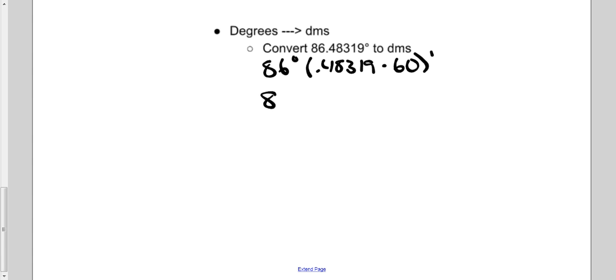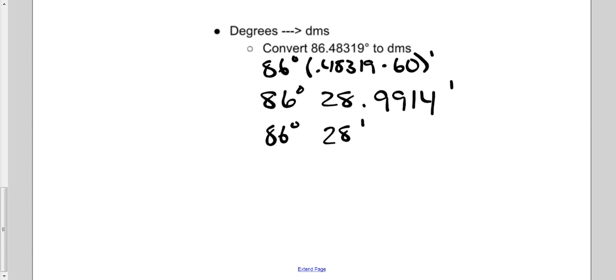So this is 86 degrees, 28.9914 minutes. Now I do the same thing with this 0.9914. How many seconds is this? This is 86 degrees, 28 minutes, and then 0.9914 times 60 seconds.